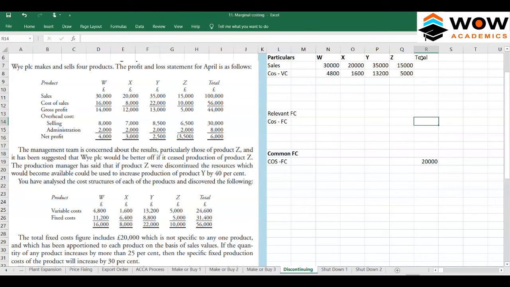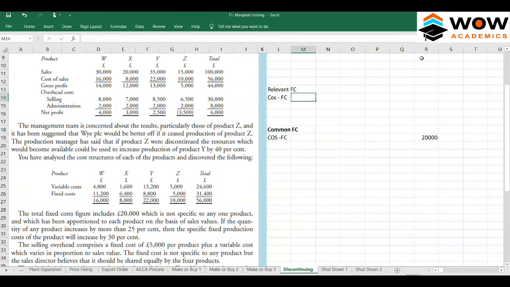Done. So what about the other cost? It has been apportioned to each product on the basis of its sales value. So this 20,000 has been included in this fixed cost itself, and that has to be removed.